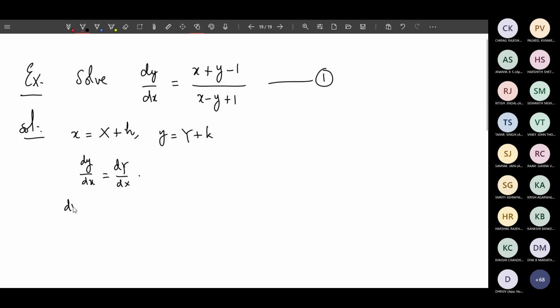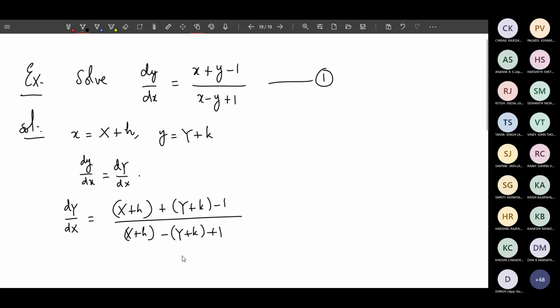So d capital Y by d capital X is, replacing x with x plus h, plus y plus k minus 1, by x plus h minus y plus k plus 1. And choose h and k.